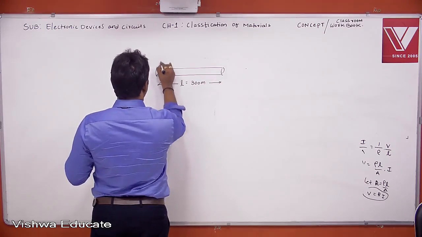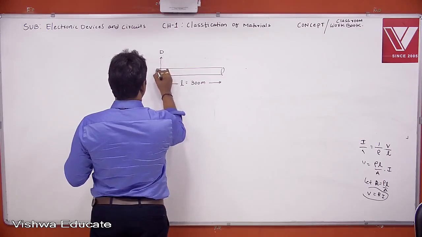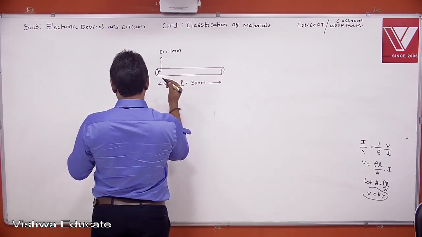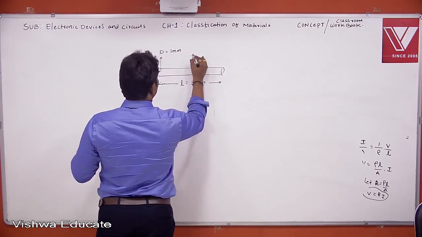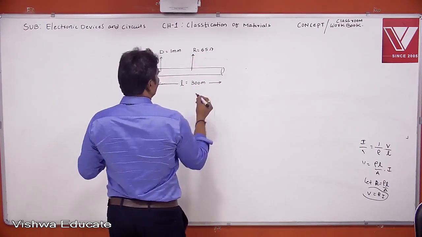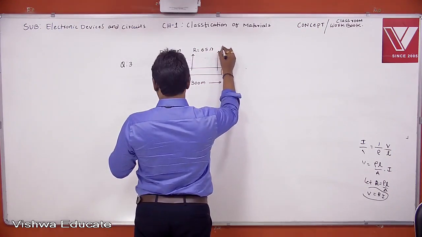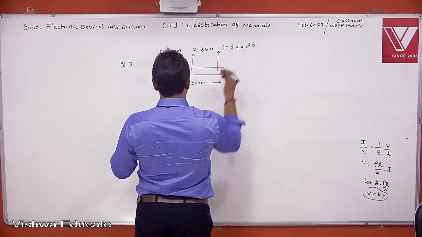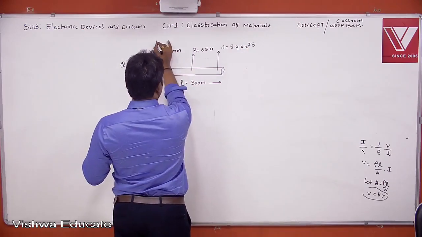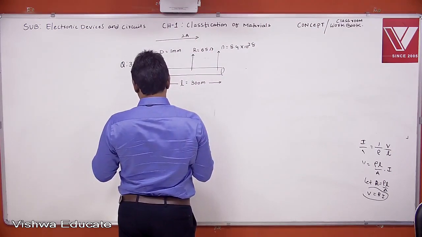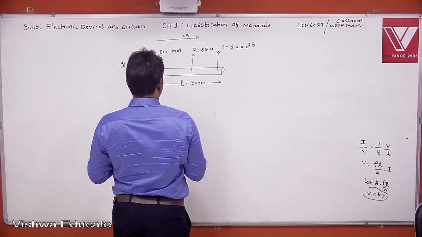Also they have given a diameter, 1 millimeter, and it has a resistance of 6.5 ohms, and a concentration N equal to 8.4 into 10 to the power of 28. So 2 ampere current is passing through this copper wire. Then calculate conductivity.